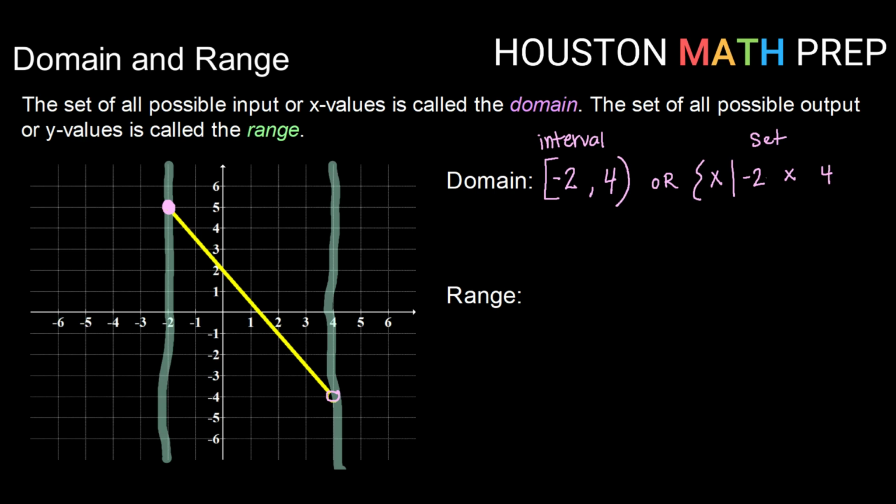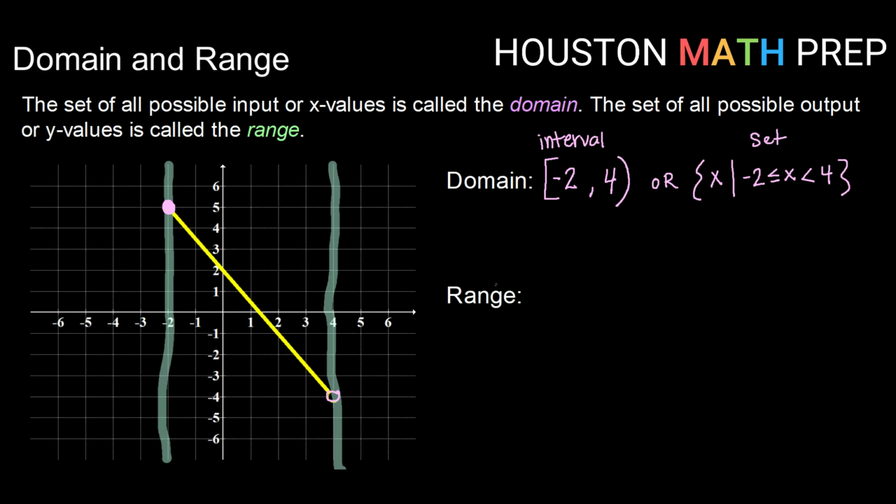Now -2 we're able to equal, so we're going to say x is greater than or equal to -2. 4 we're not able to equal, so we're going to say x is less than 4, and then close our set notation. Now, you do not have to list both unless the problem you're working with specifies. It's an either-or type scenario.